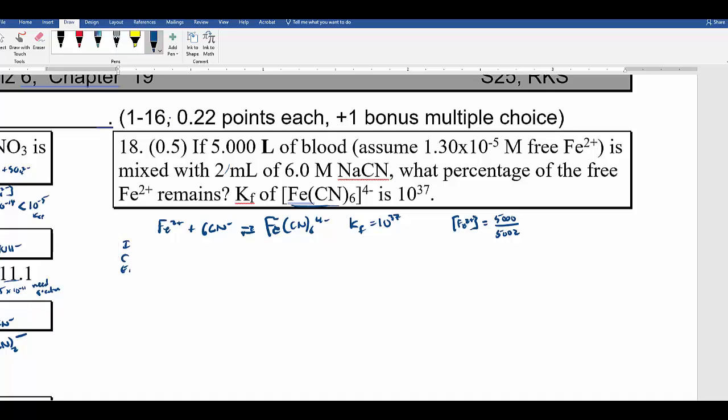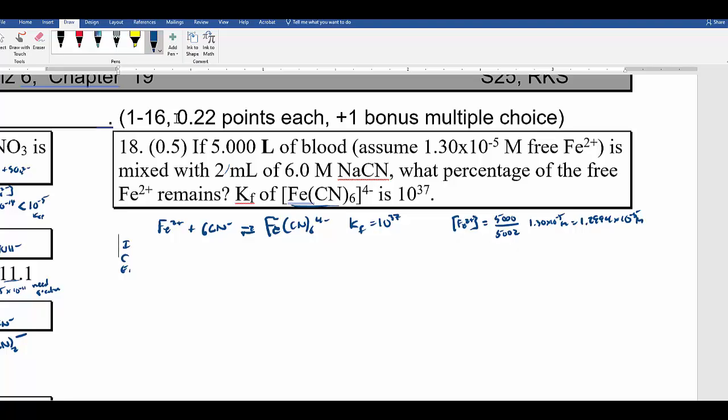So it's a 5,000 to 5,002 dilution of 1.30 times 10 to the minus 5 molar. This is a pretty marginal dilution, but since we're doing it, we'll go ahead and calculate it. Times 1.3 times 10 to the minus 5 is 1.2994 times 10 to the minus 5 molar.